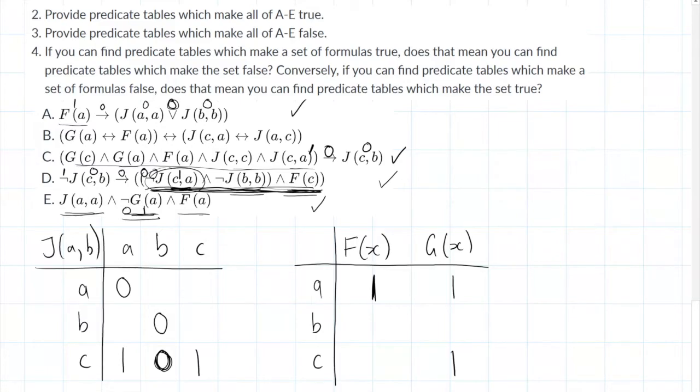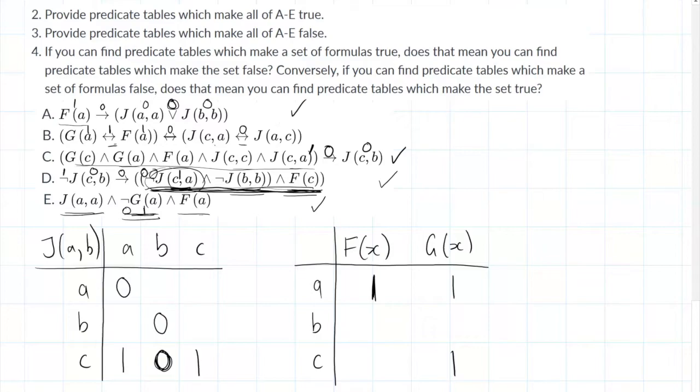And now we're just down to the last one, which has a bunch of biconditionals. If I want the whole thing to be false, then I need these two biconditionals to have different values. So let's fill out what I know. I know that GA and FA are both true. So that makes the value of this biconditional true. So for the main biconditional to be false, I need the second biconditional's value to be false, so that they have different values.